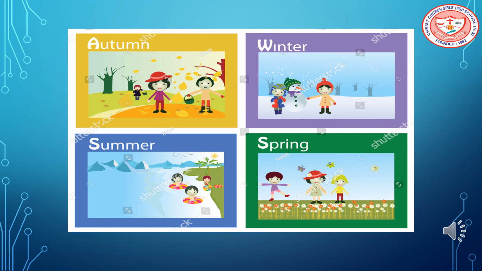Late February and March are spring months. Summertime includes April, May and June. Monsoon months are July, August and September, and autumn months are October and November.